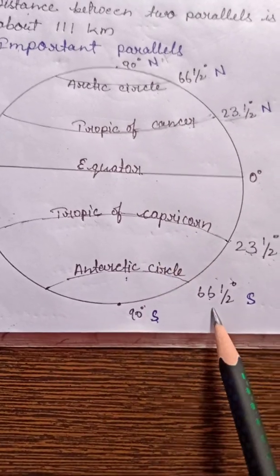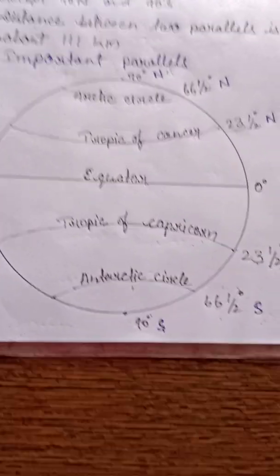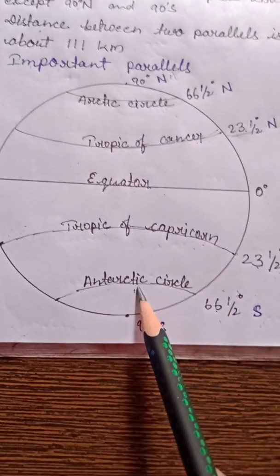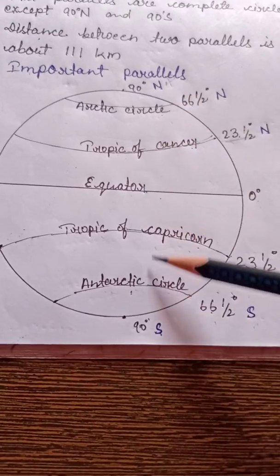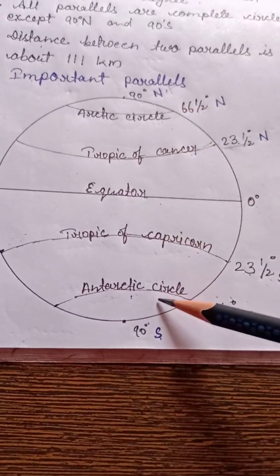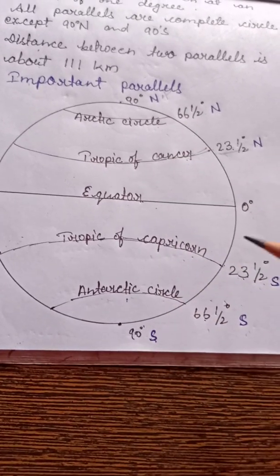And again 66.5 degree southern hemisphere, but the name is Antarctic Circle. Clear? All 5 important latitudinal lines are very important. You should learn all the names.